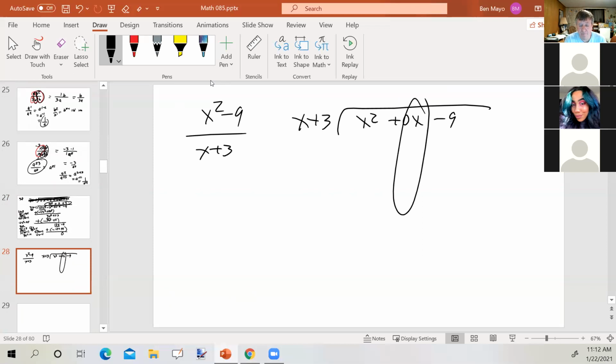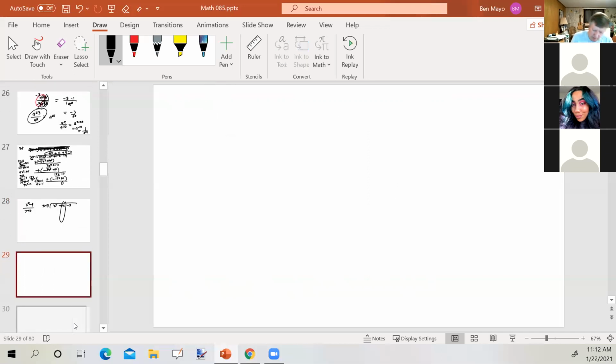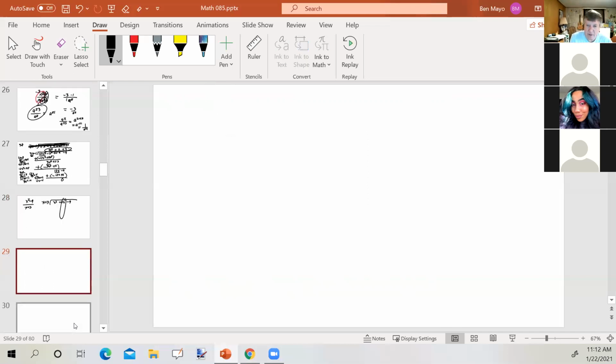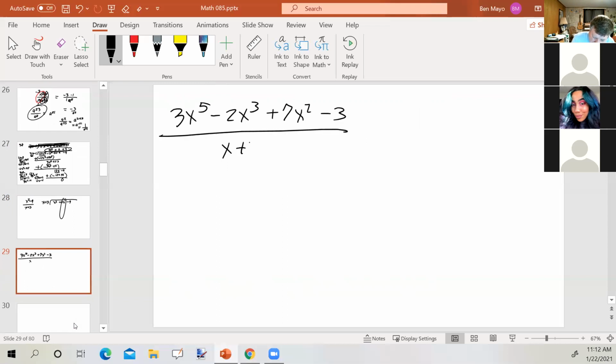Yes, if there's a variable with a higher power, you put in a lower power multiplied by 0. Let me give you an extreme example. I'm not going to finish the problem, just set it up. Let's say I had 3x to the 5th minus 2x cubed plus 7x squared minus 3 all over x plus 2.